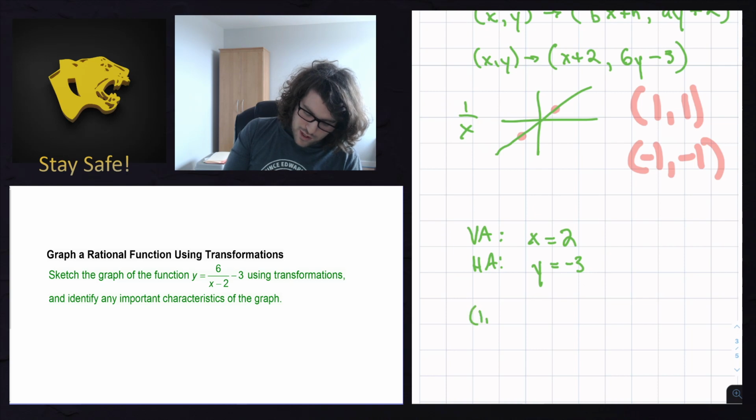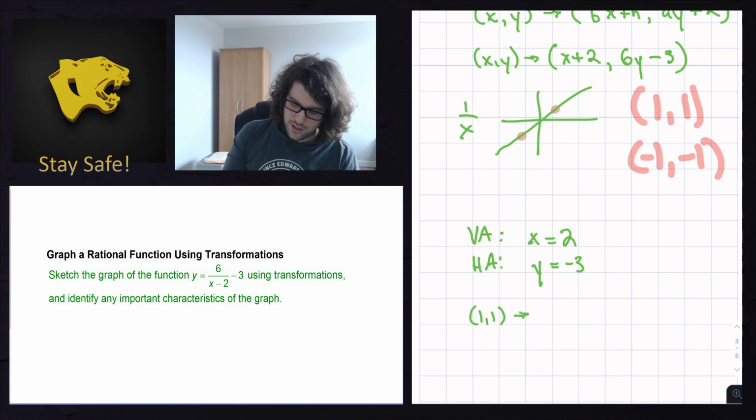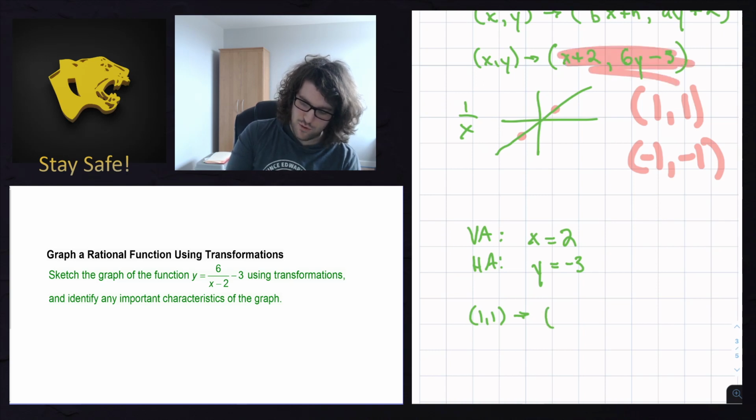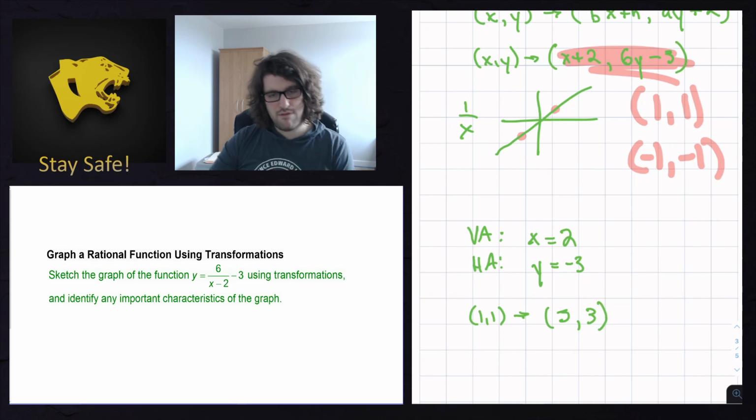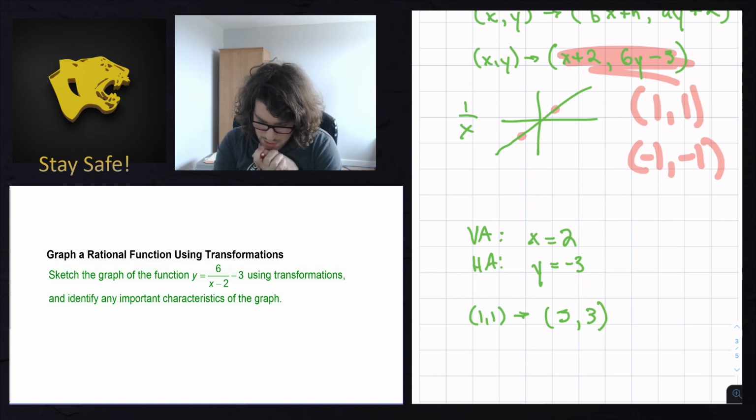So if we have the 1, 1 point and we are trying to describe where it's going to go, according to my transformational form up here, I would take 1 plus 2 is 3, and 6 times 1 is 6 minus 3 is 3. So I would have a new point at the 3, 3 location.